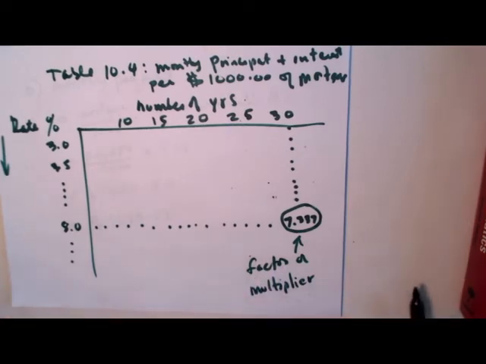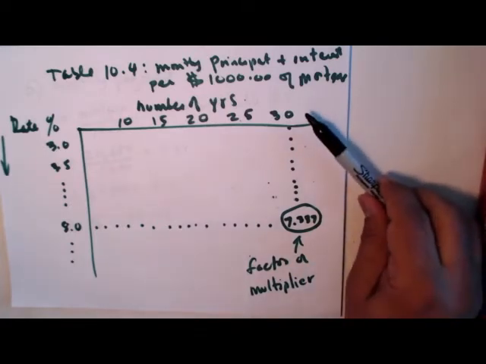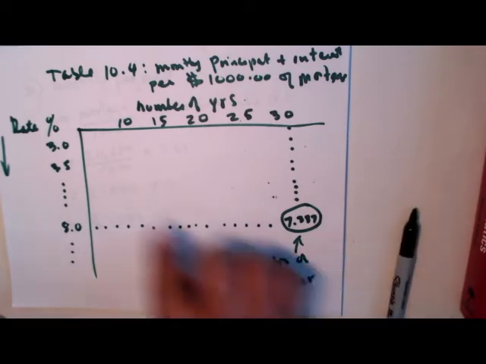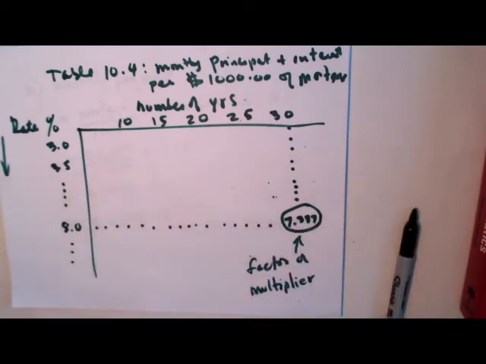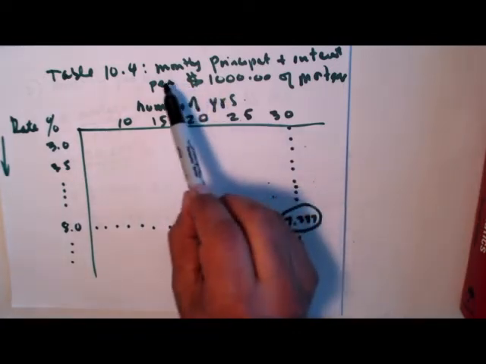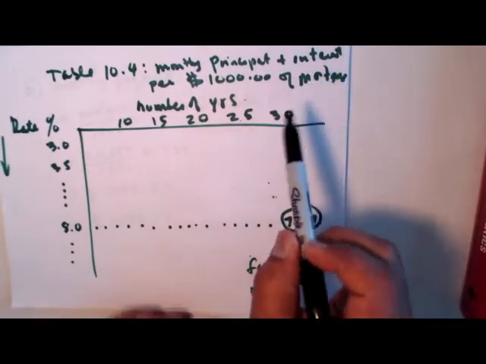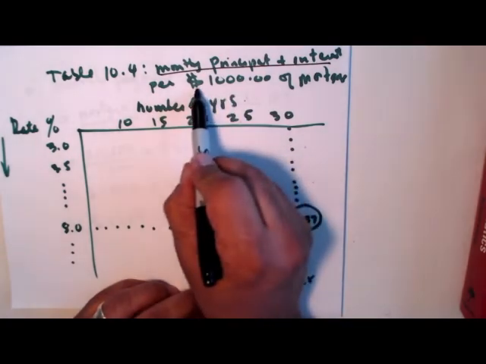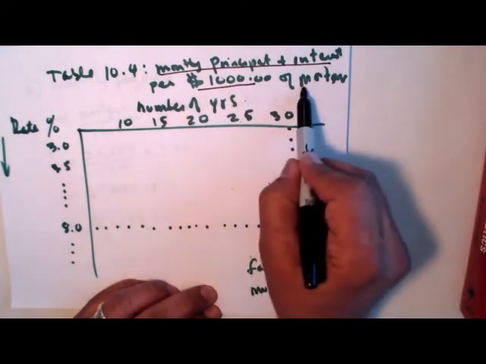And in this case, what you need to do is locate the number of years at the top of the table, and also realize that this table is given as the monthly principal plus interest per $1,000 of the mortgage.